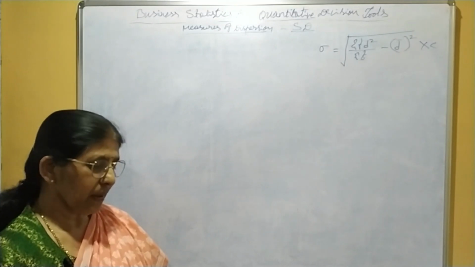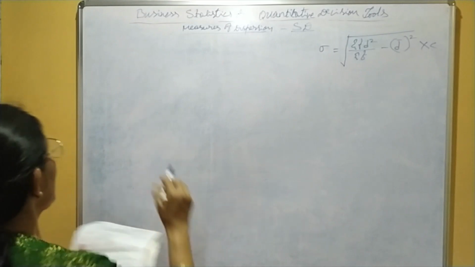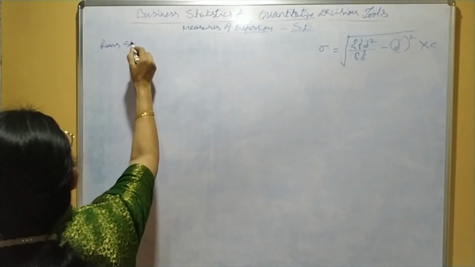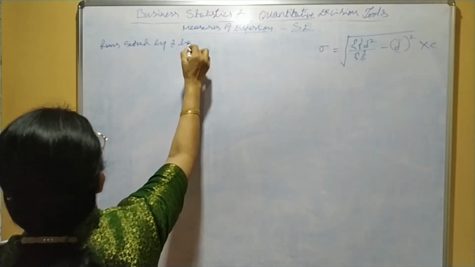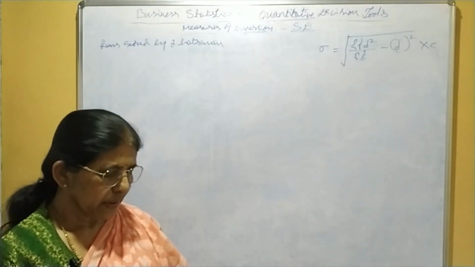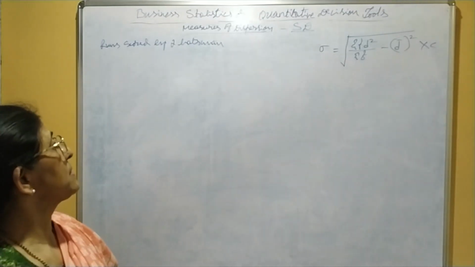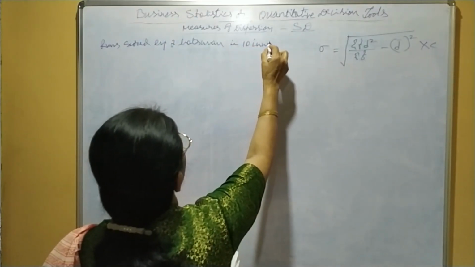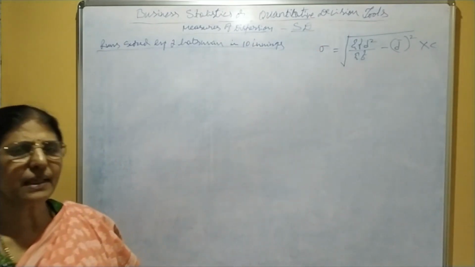The following are the runs scored by 2 batsmen, Mr. Virat and Mr. Dhoni, in 10 innings. Here you may take any 2 batsman names or you may take A and B.